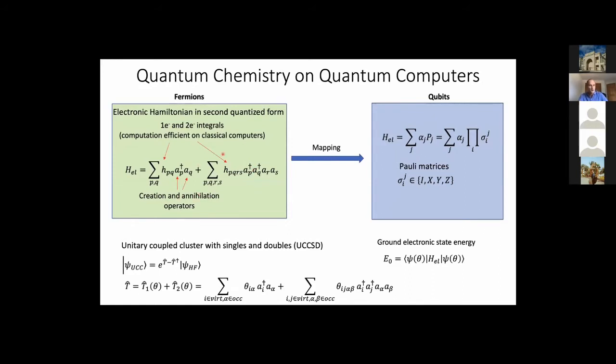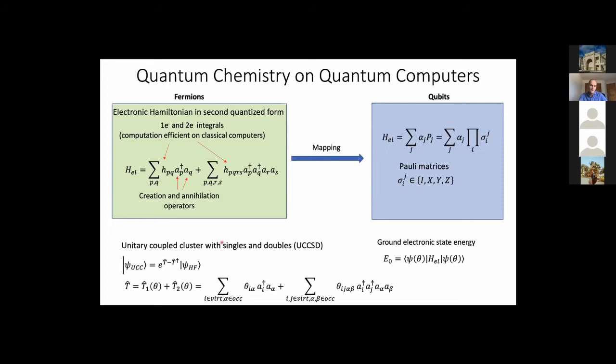Electrons are fermions, which are indistinguishable, and we need to map them onto qubits, which are distinguishable. There are multiple ways to do that, but the resulting Hamiltonian is always of this form, where we essentially have the sum of Pauli strings with coefficients in front of them, and each Pauli string is a simple product of Pauli matrices.